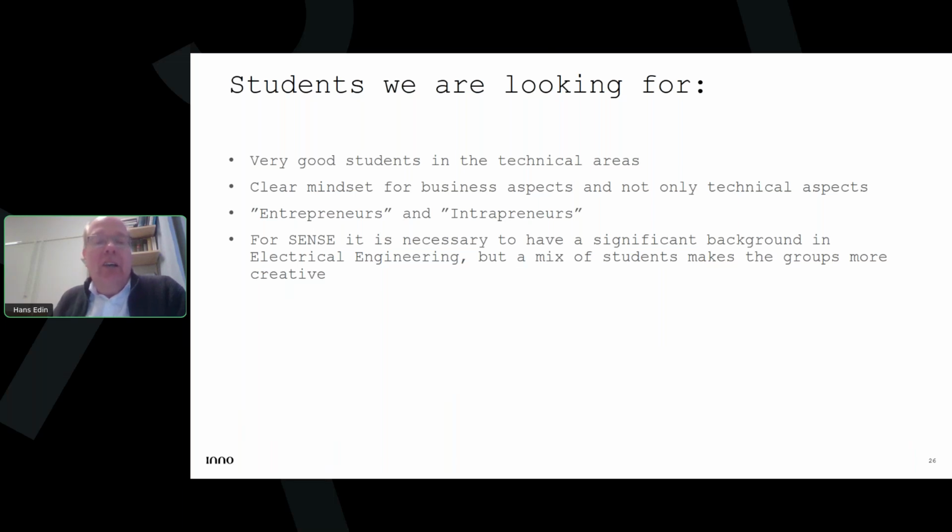For SENS, it is in general necessary to have a significant background in electrical engineering, but we try to have a good mix also. You need to have at least a sufficient amount of electrical engineering.